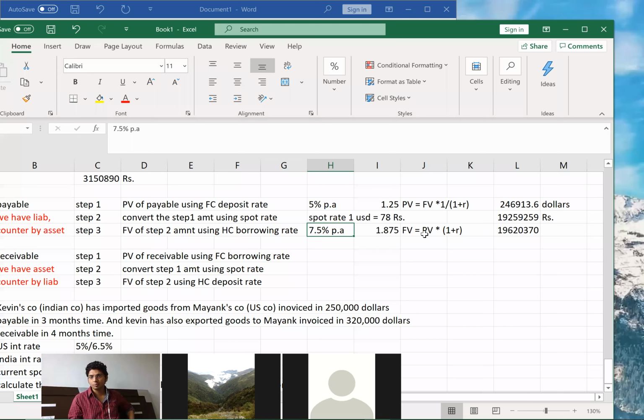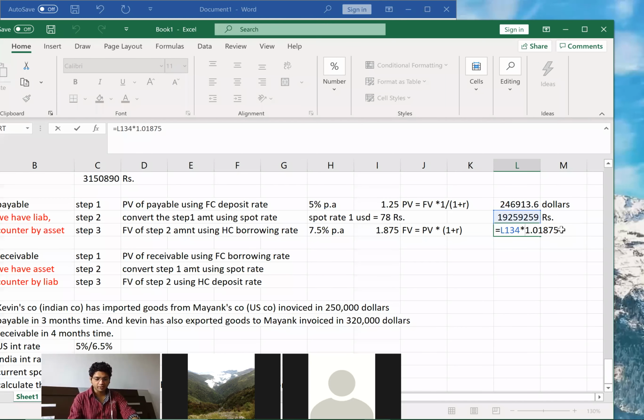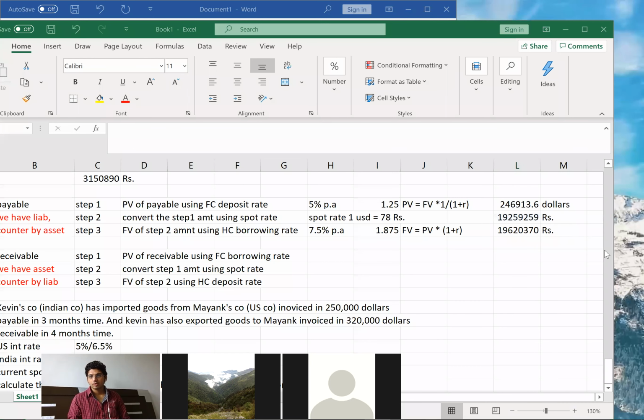And future value equals present value into 1 plus R. So present value was these many rupees into 1 plus R. So 1 plus 1.875%. So that is the final amount in rupees. Why are you guys getting the wrong amounts? Check your answers, guys.